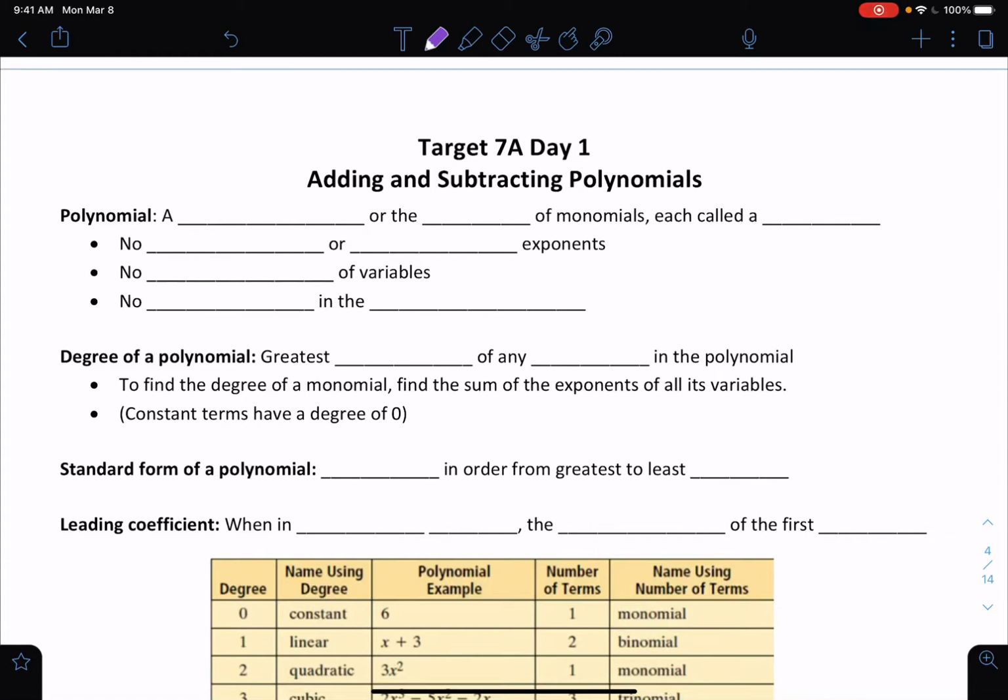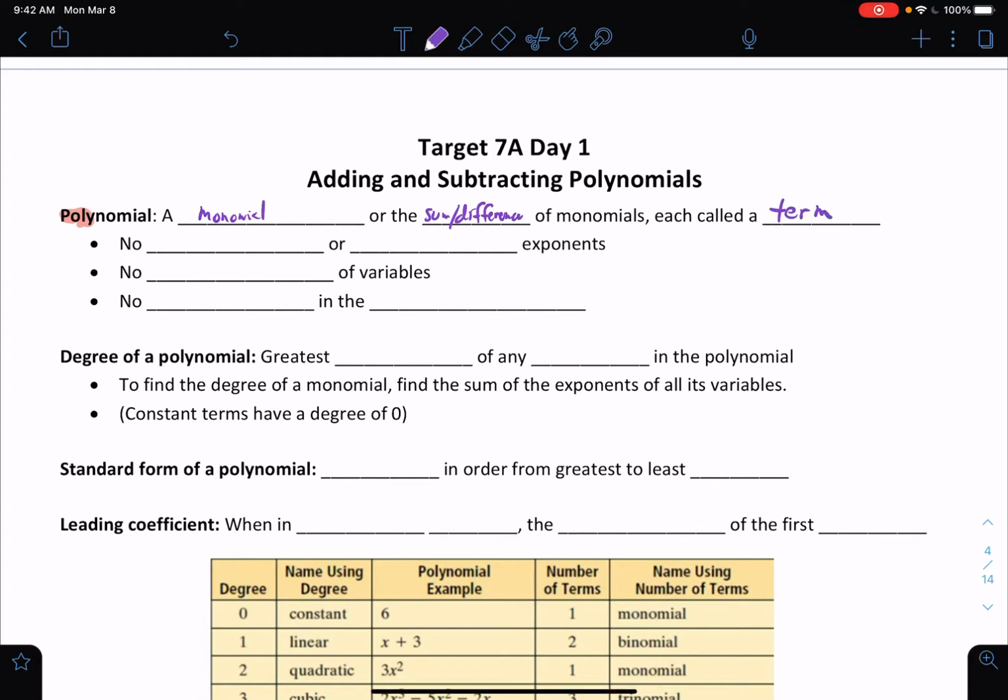All right, we're starting a new unit today. It's all going to be about polynomials. So a polynomial, you may recognize this prefix poly, which means many. A polynomial is when I take a monomial, which is just a one-term item like 3 or negative 2x or y squared, or I take the sum or difference of monomials, each monomial then being called a term.